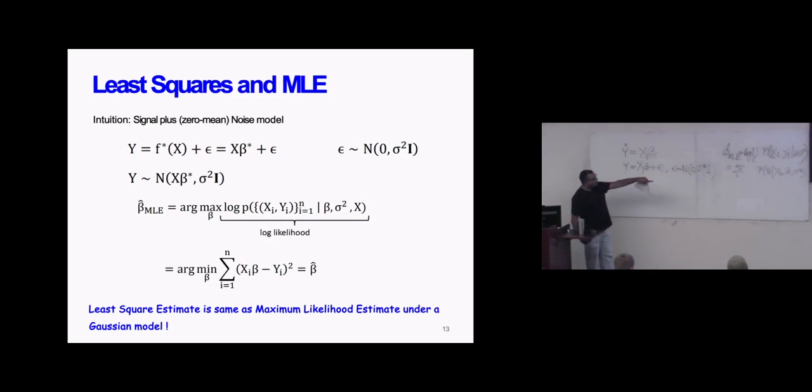But what is this? Probability of y, we have assumed that this follows this function where this is a linear transformation, but this part is essentially a Gaussian distribution. That means y is a Gaussian random variable which follows a normal distribution with a mean of x beta and a variance of this.